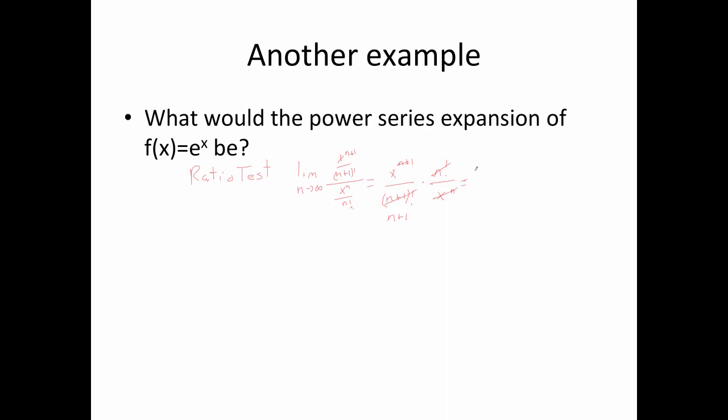And so we get the limit as n goes to infinity of x over n plus 1, and we see that that's equal to 0 for all x. No matter how big x is, eventually n is going to get bigger, and so this goes to 0, and so this series has an infinite radius of convergence.